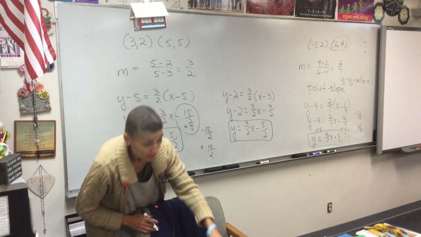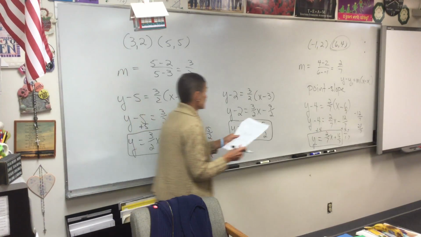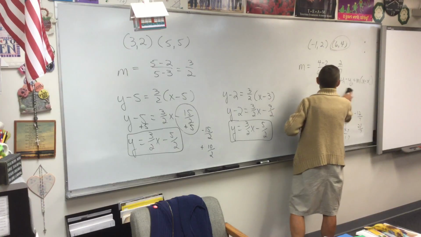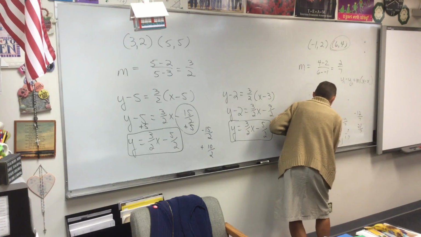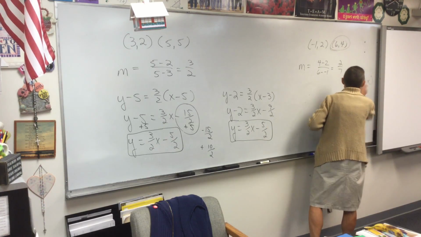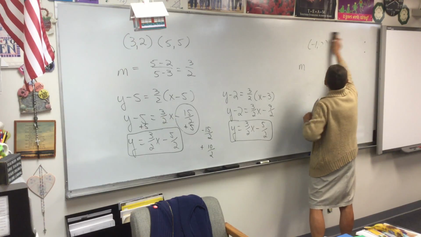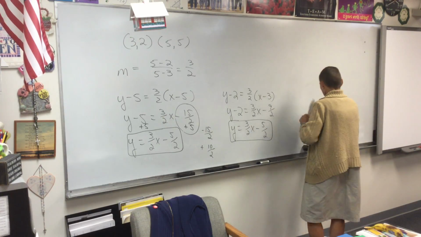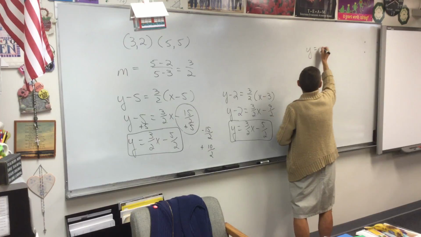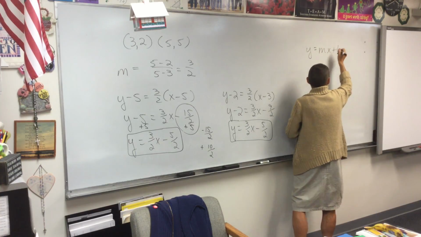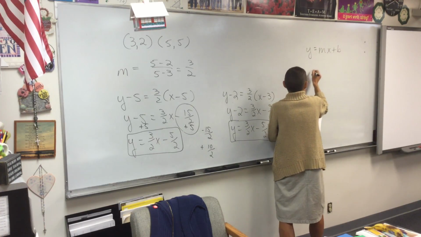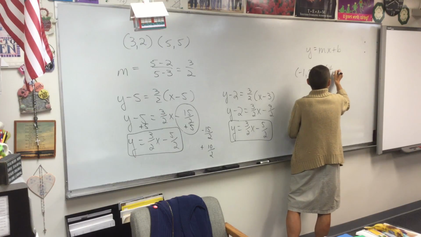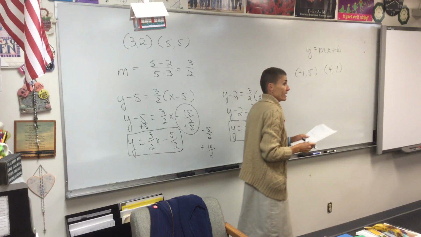Now, number 4 is exactly the same question, except we're not going to do the point slope form. We're going to go straight to slope intercept form, which is y equals mx plus b. However, we start exactly the same way.